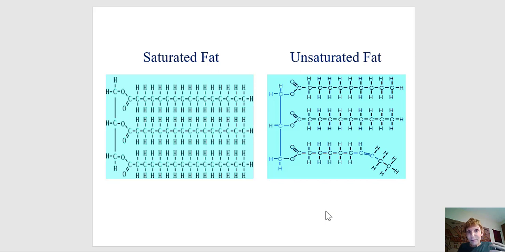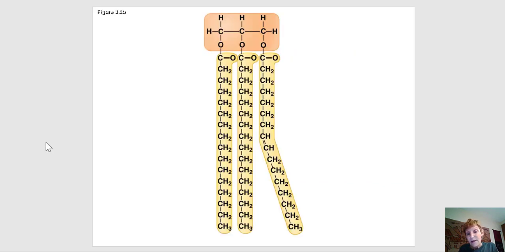Vegetable oils come from plants, and plants only make fats that look like this. If you look at the original fat I showed you, see how there's the double bond right there. See how the two hydrogens are on the same side of the carbon, on both sides.